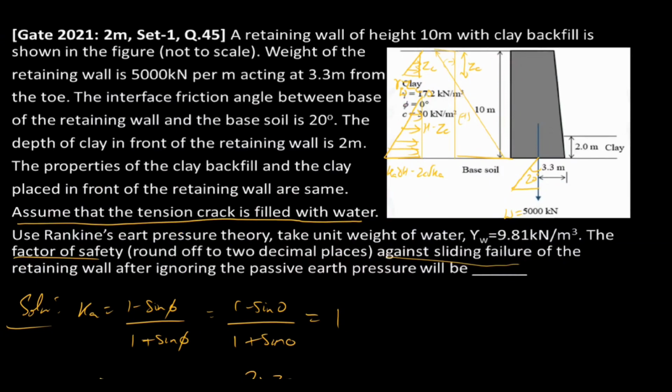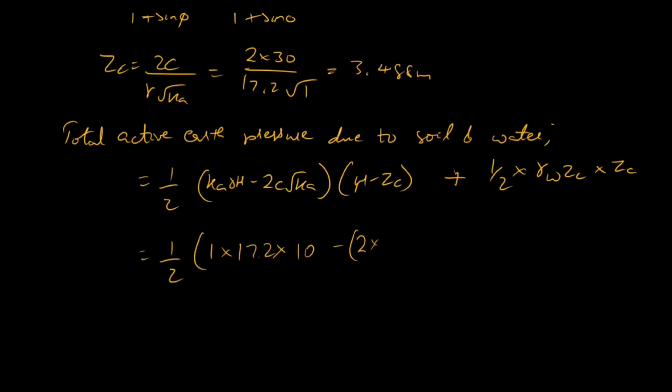The value of C is 30, and root Ka is root 1, also into 10 minus Zc, and 10 minus Zc is 3.488, right?